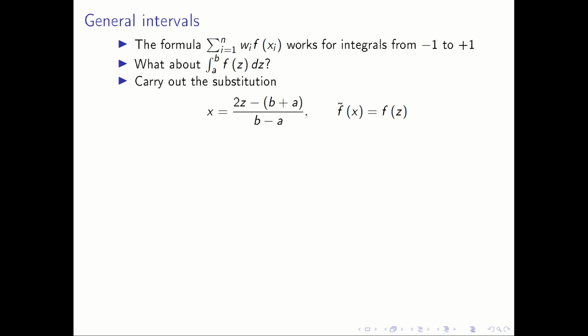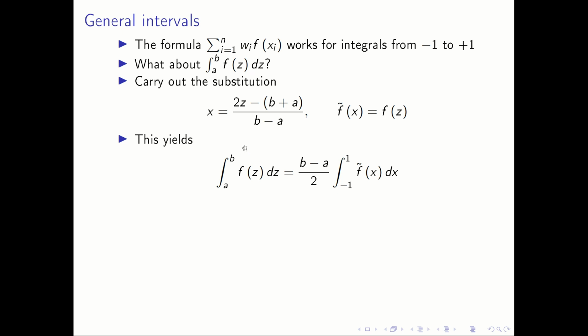And of course, then what we have to integrate is a function of x, not a function of z any longer. The functional form will change, and to remind us of that, I put a tilde on top. Frankly, most of the time we ignore the tilde, or we ignore changing the name of the function, but we really should do that. This is a standard substitution, nothing special is happening here.